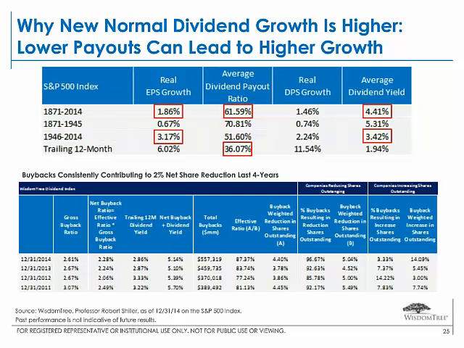We do this through the use of Professor Robert Shiller, who publishes this data for the S&P 500 going all the way back. And you can see that from 1871 to 2014, the average dividend payout ratio was in the neighborhood of 60%. But over the prior 12 months, the average dividend payout ratio was about 36%.